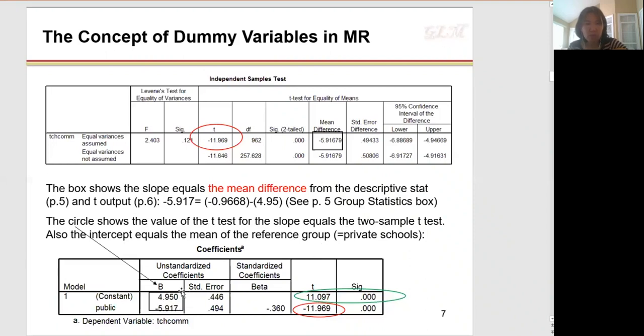The reference group is the private group. From this mean, if you subtract 5.917, you obtain the mean of the public school. And the t-statistic, we do not evaluate this one. Okay, so for this t-test, what is the null hypothesis?